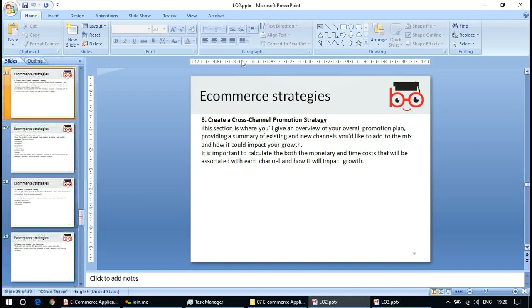So create a cross-channel promotion strategy. This section is where you give an overview of the overall promotional plan, providing a summary of existing and new channels. So whatever promotion you are doing, promoting is like marketing. How do you promote?